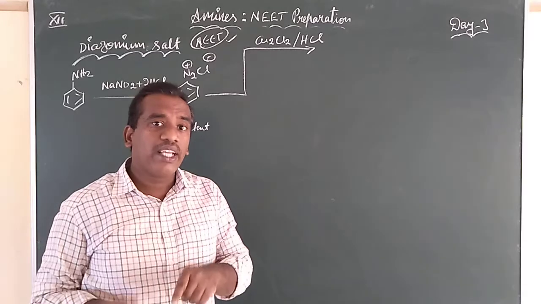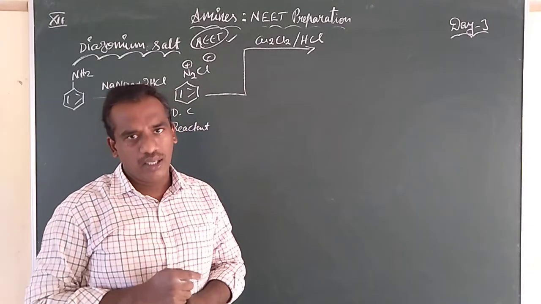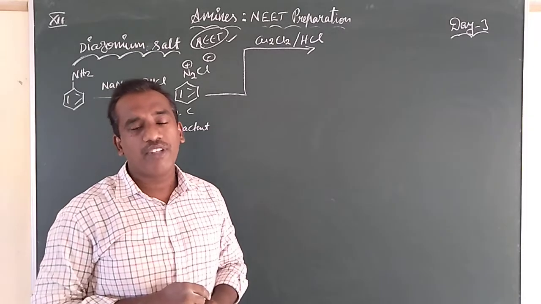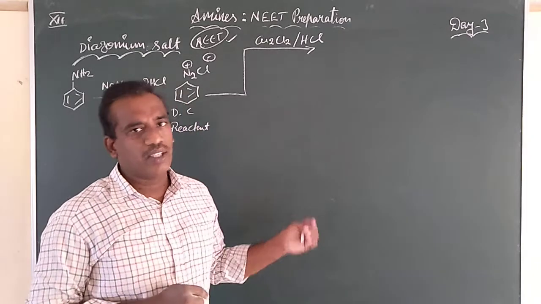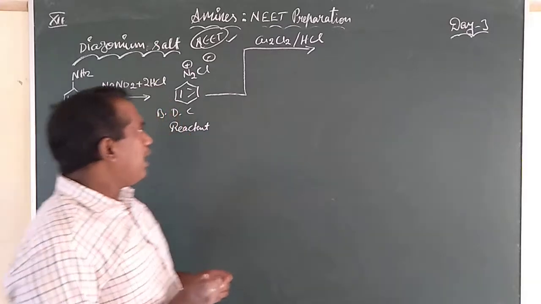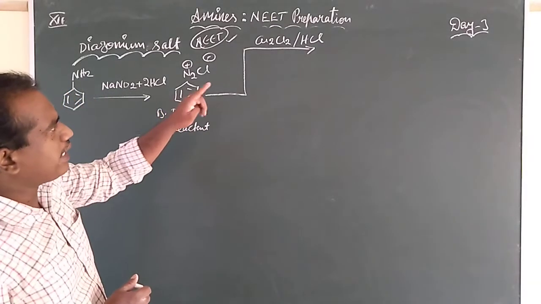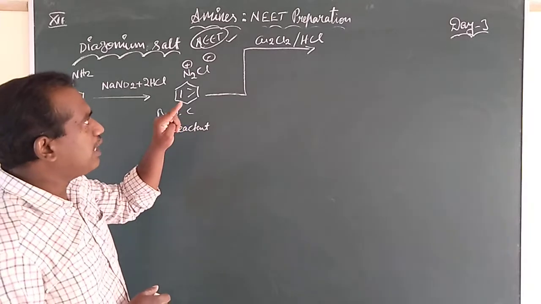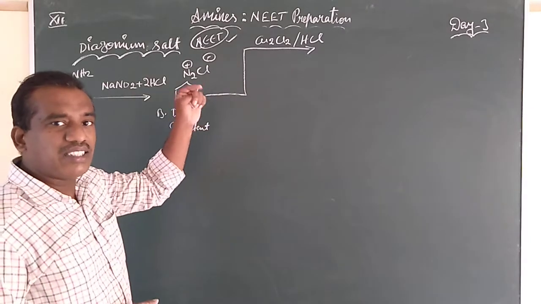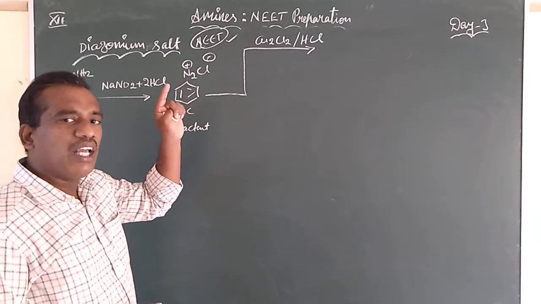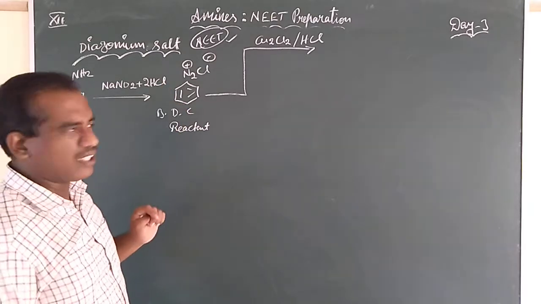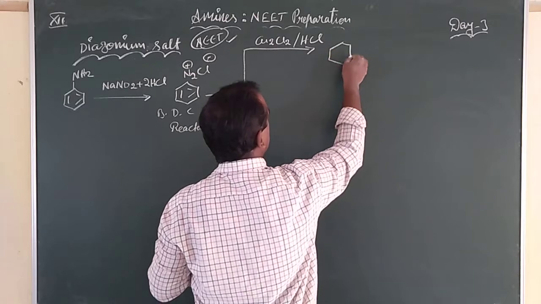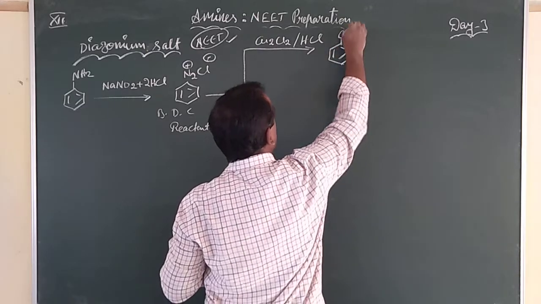In order to bring another nucleophile onto the benzene, we are going through this method, the formation of the benzene diazonium chloride. And hence we get here Cl minus. In these reactions, the intermediate form will be Cl plus. We can bring the chlorine using this mixture, chlorobenzene.